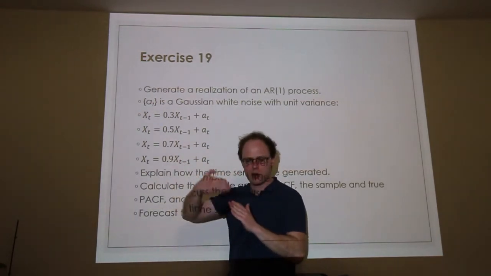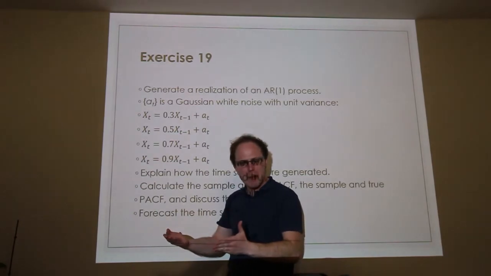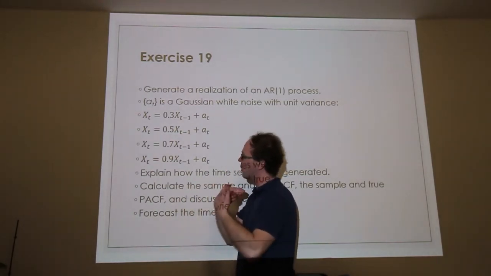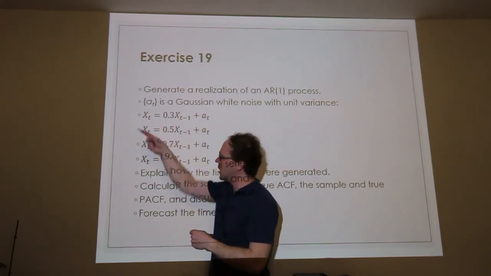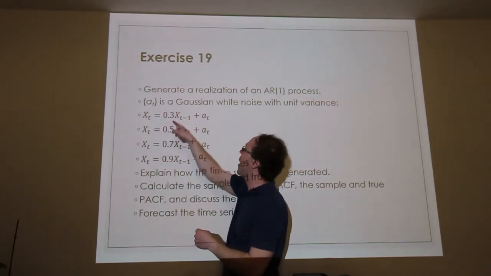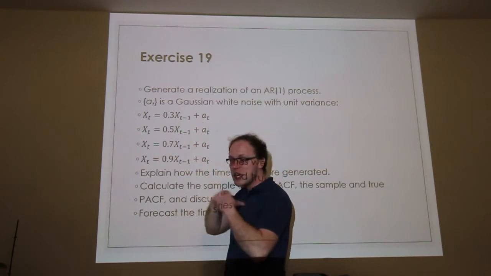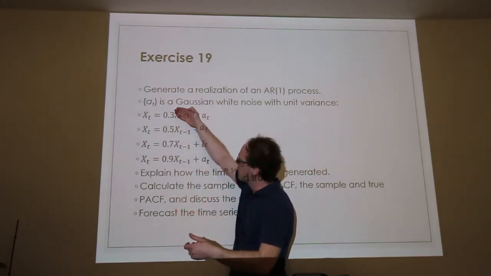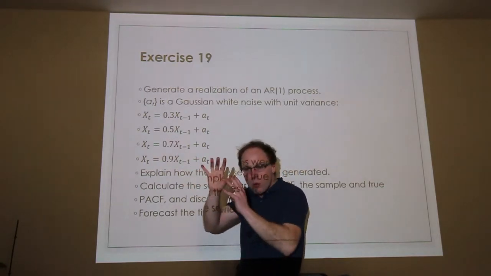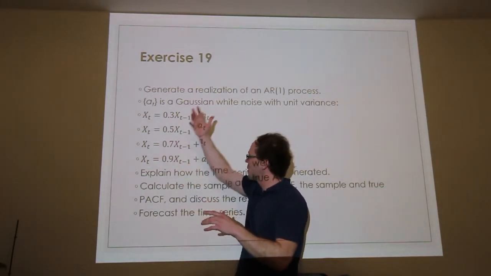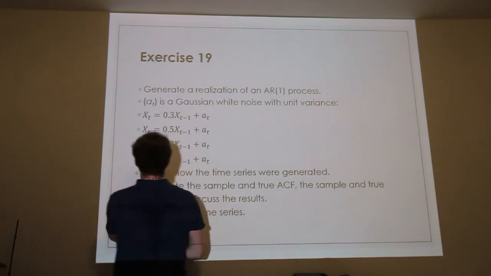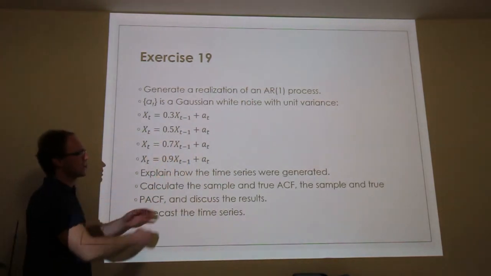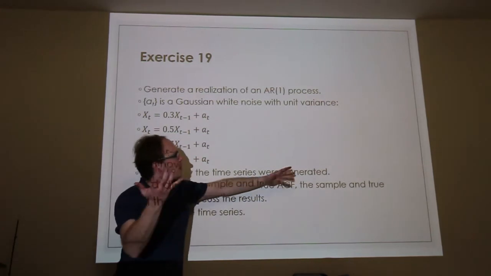We will increase the measure of dependence on the previous value. Me in time t depends on me in time t minus 1 in such a way. We will check the strength of this dependence and try to explain how the time series were generated.